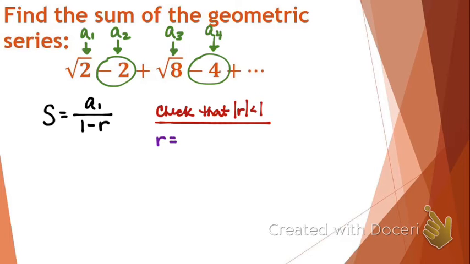Is that right? Okay, so we can take the square root of 8 and divide it by negative 2. Can I simplify the square root of 8 at all? Yes, you may. 2 square root of 2 over negative 2.